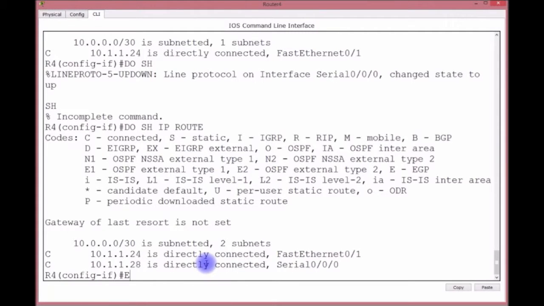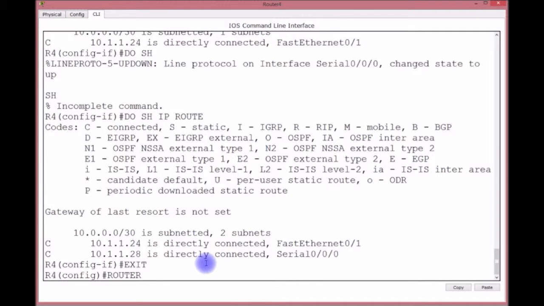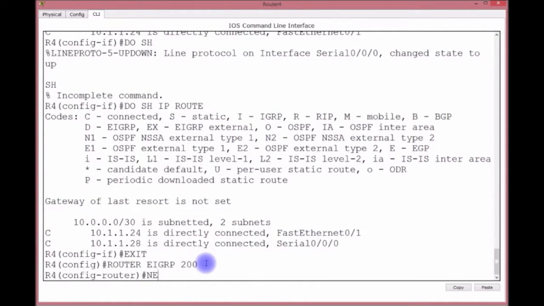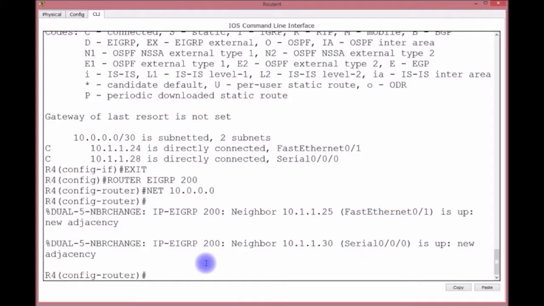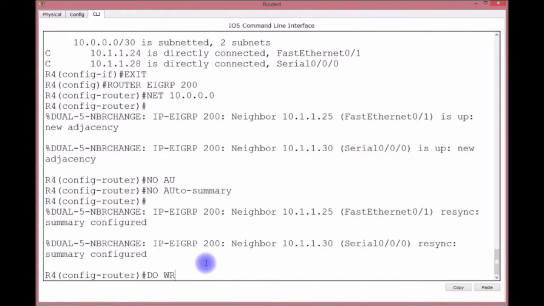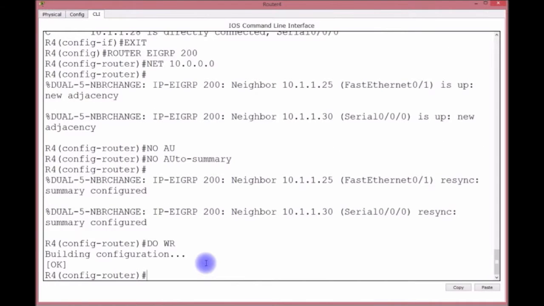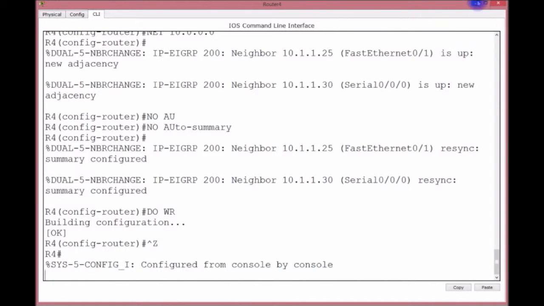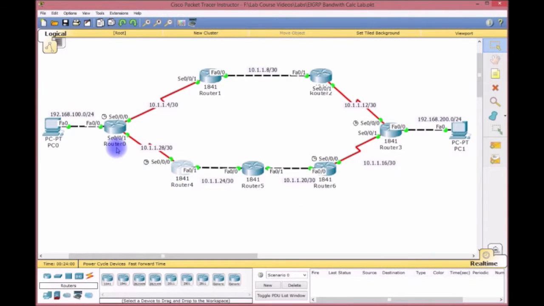Last router. Exit, router EIGRP 200, network 10.0.0.0. Lovely. No auto-summary. Do WR. Outstanding. I'm going to do a control Z on that one. All right. So now we've configured EIGRP on all the routers.